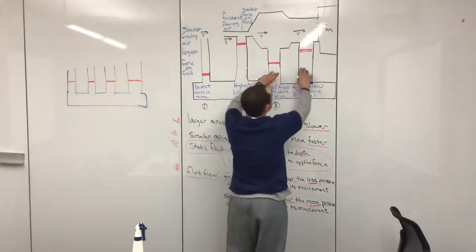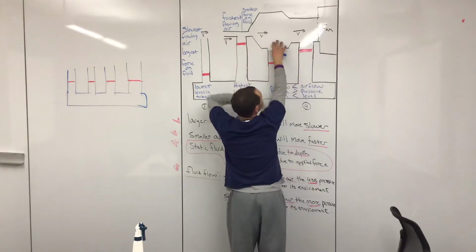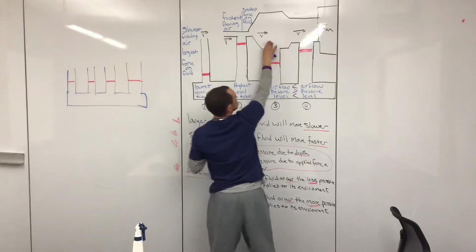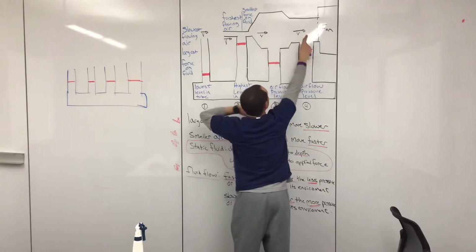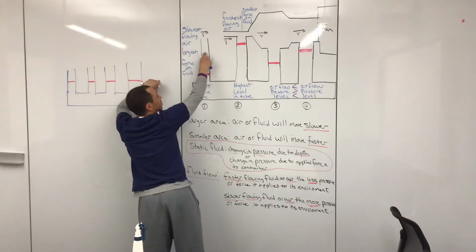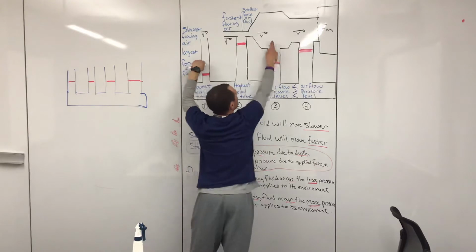And then we see with these two, the areas are pretty close to each other, but this one has a little bit larger area than this one. So if this has a larger area, the velocity is going to be slower than this one, but faster than this one out here, because this is our slowest flowing one. So it'll be our second slowest one.